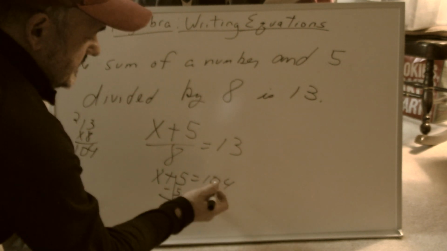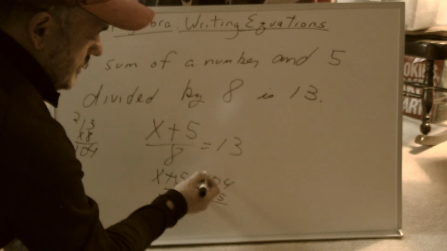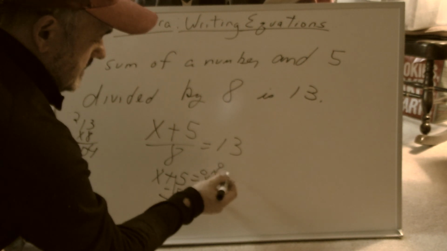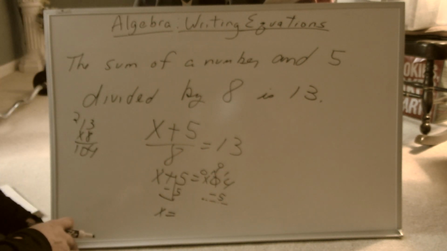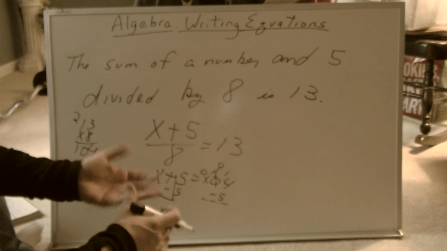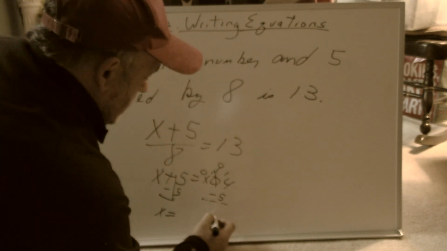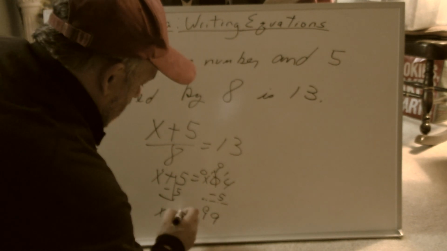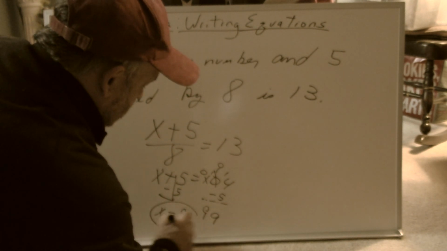So you have to borrow from the 0. Well, the 0 has nothing, so I borrow from here. This becomes a 10. Then that becomes a 9. Bring it over here, it's a 14. 5, 6, 7, 8, 9, 10, 11, 12, 13, 14. 9. And then you bring the 9 down. So x is 99.